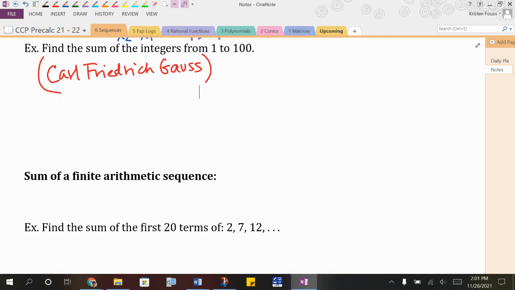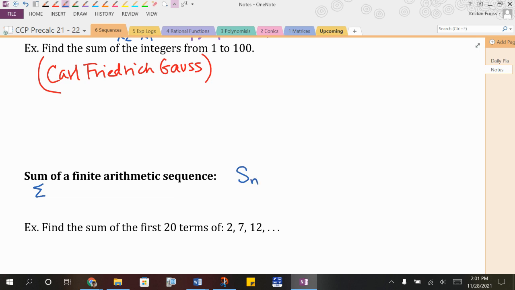Okay, so I'm going to jump ahead to the sum of a finite arithmetic sequence. So again, sum, remember we are adding things together. Finite means our sequence ends. And arithmetic, it's specifically like this linear sequence. So we're going to call it S sub n.